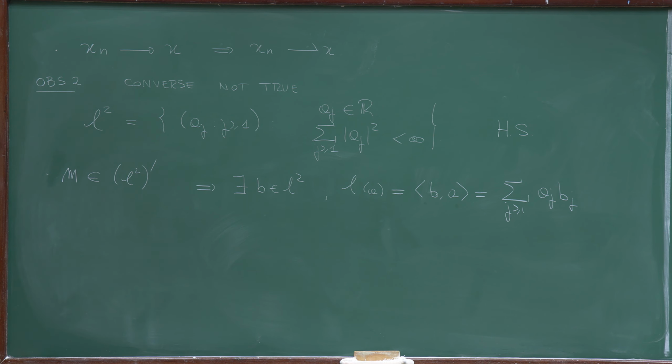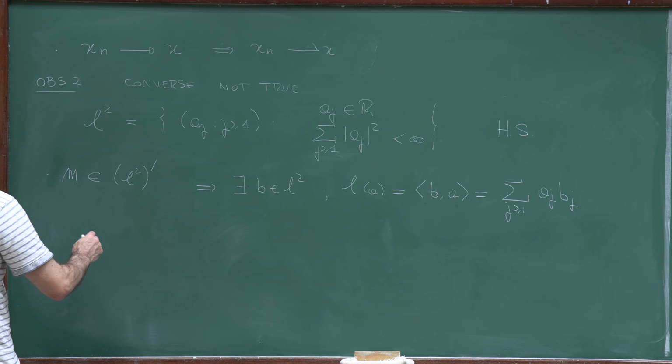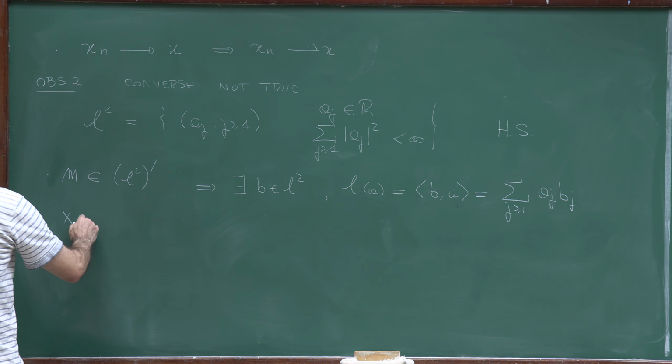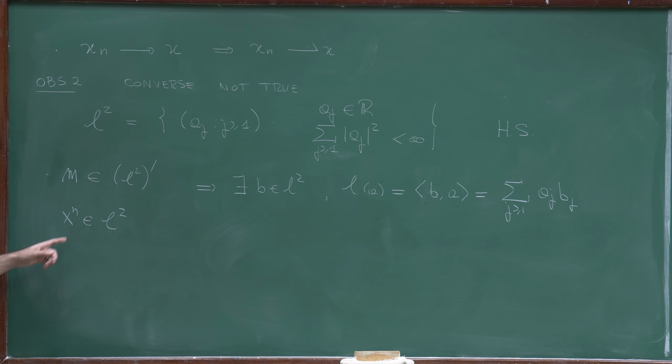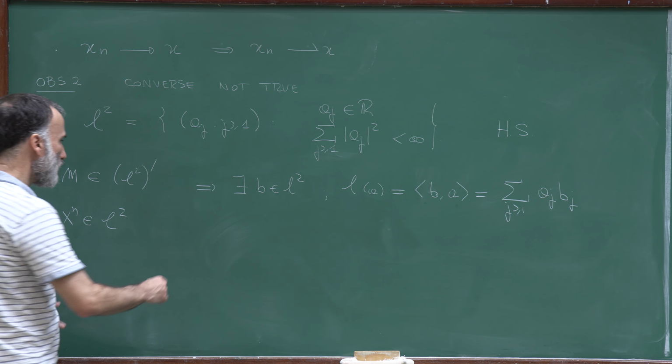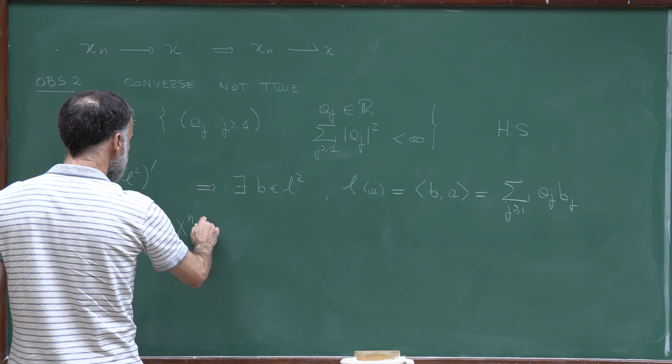Fine. So now let's consider the following sequence. I take xn. These are elements of L2. So for each n, we have a sequence xn1, xn2, and so on. And what's the sequence xn?